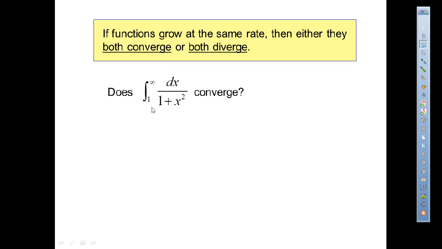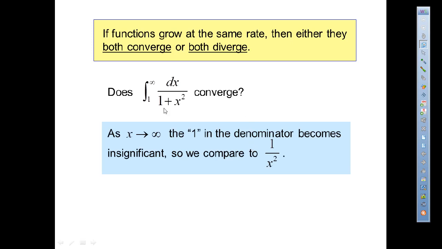Now, does the integral from 1 to infinity of dx over 1 plus x squared converge? Well, as x approaches infinity, the 1 in the denominator becomes insignificant, so we can compare that to 1 over x squared.